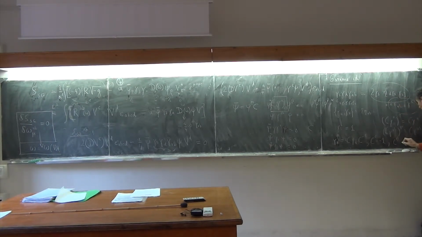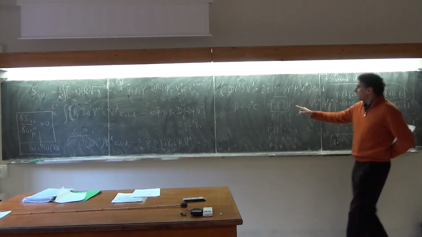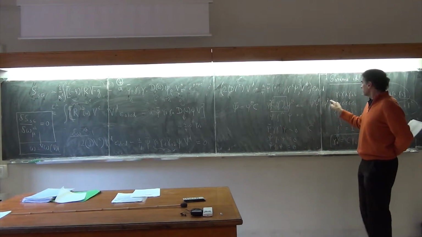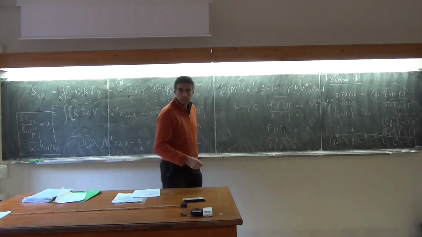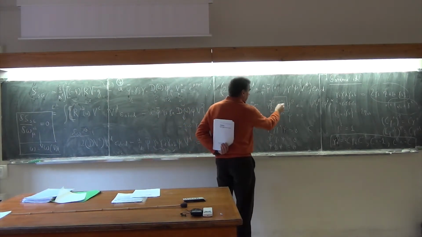I'm putting just all the properties of the C matrix. If you use these properties, then you will find that the only matrices that are C symmetric, that is, when multiplied by C are symmetric, are the 1 index gamma and the 2 index gamma. C gamma 5, C times the identity, and C times gamma A gamma 5 are anti-symmetric. Being anti-symmetric, they cannot stay here because this thing is symmetric. So it vanishes. So the only combinations where psi is a one-form Majorana field are C gamma A and C gamma AB.